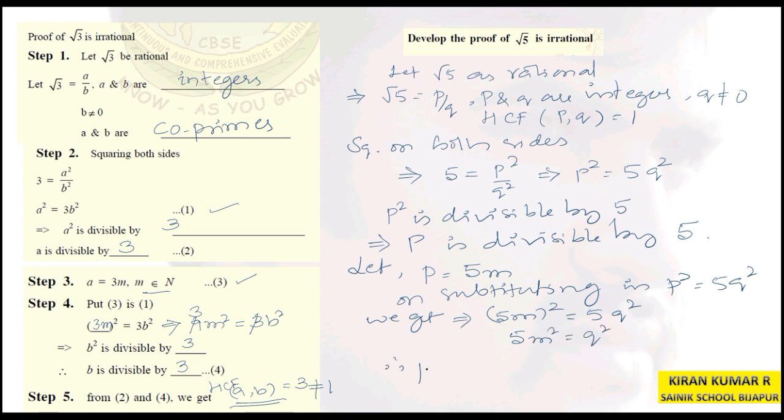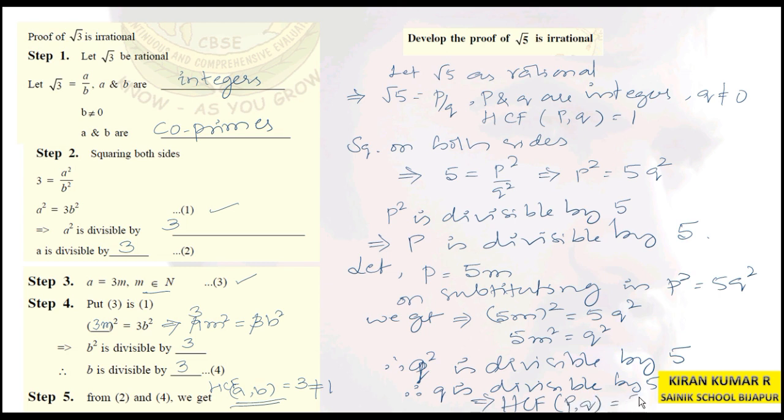Therefore q square is divisible by 5. Therefore q is divisible by 5. This implies the highest common factor of p, q is 5, not equal to 1. This contradicts our assumption, therefore root 5 is an irrational number.